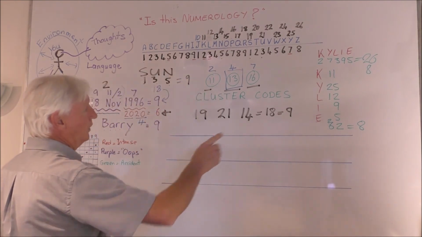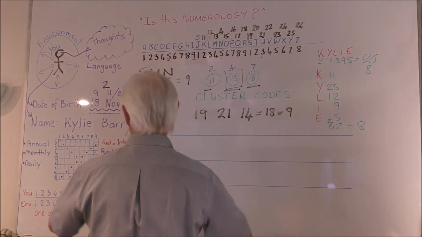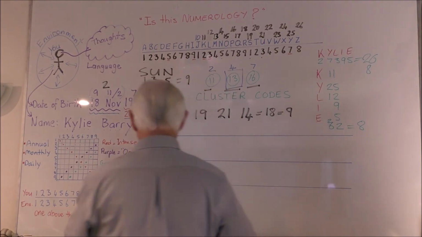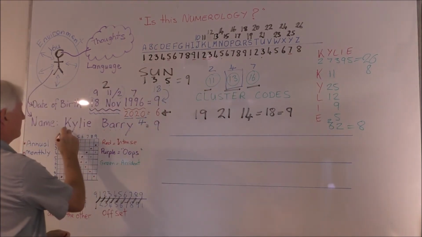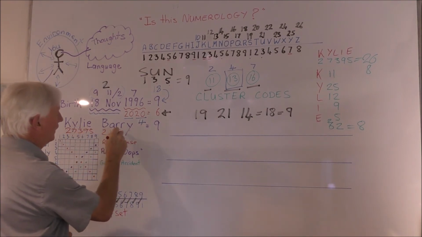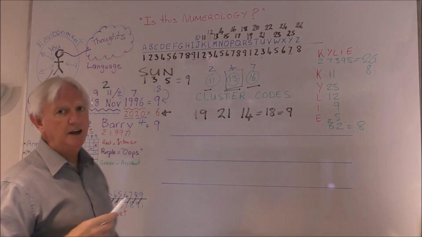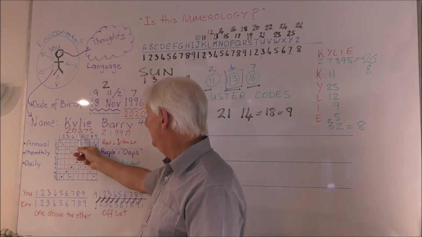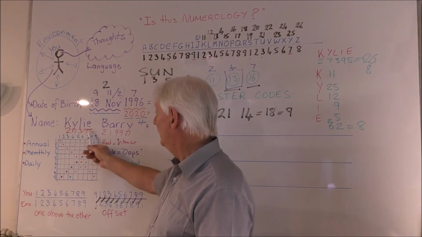So when I looked at Kylie this way and this way here, I can find out that Kylie Barry equals the number 9, that's easy to do if I do this. 2, 7, 3, 9, 5, 2, 1, 9, 9 and 7. Now by adding those up, they will come to the number 9. 2 and 7 is 9, 12, 21, 26.